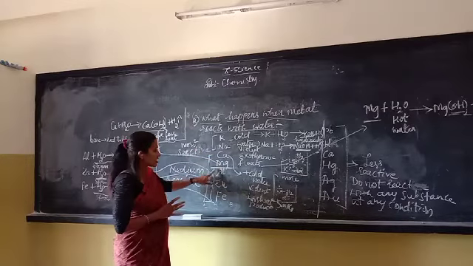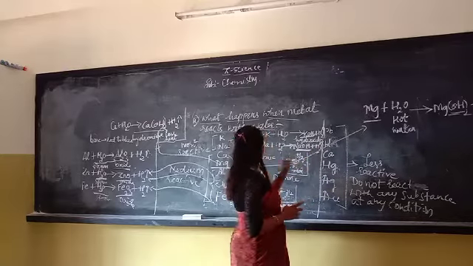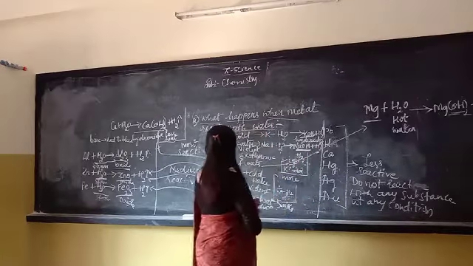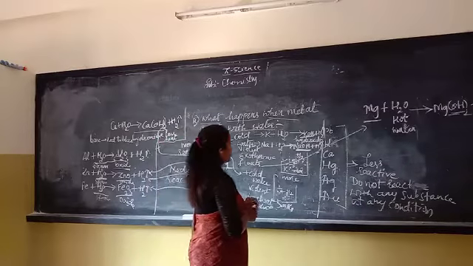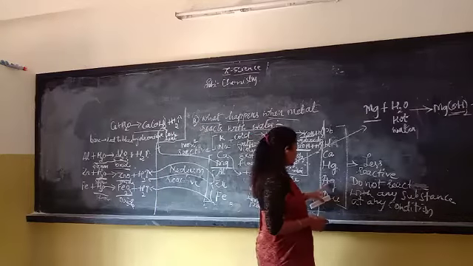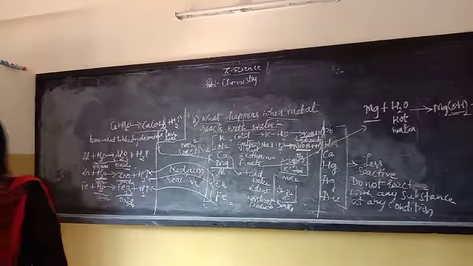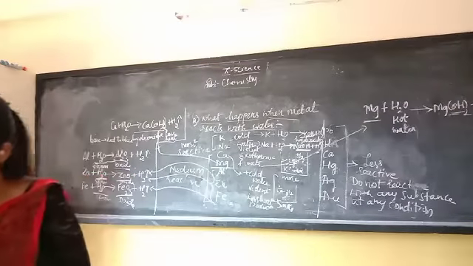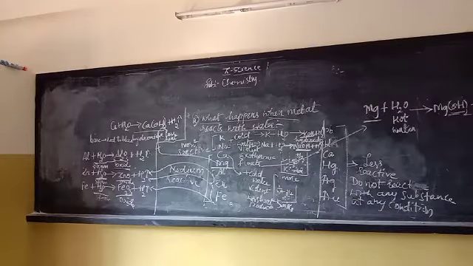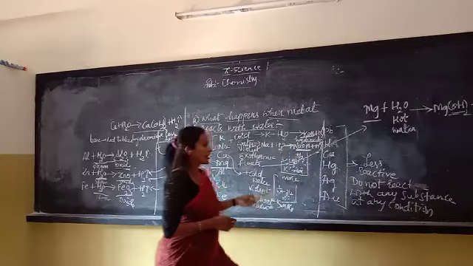Potassium, sodium, calcium, magnesium, aluminum, zinc, iron, lead, hydrogen, then Hg, mercury, silver and Au, copper.